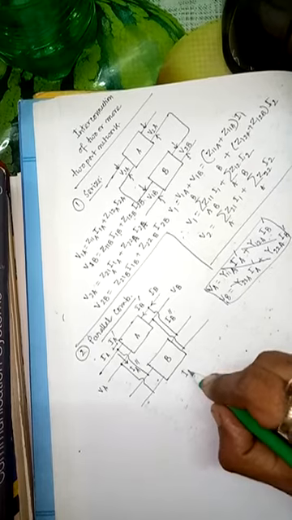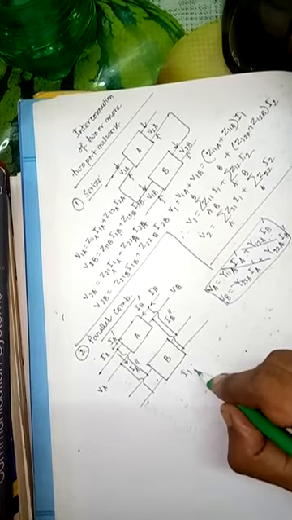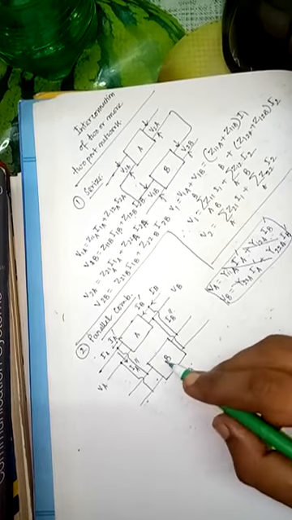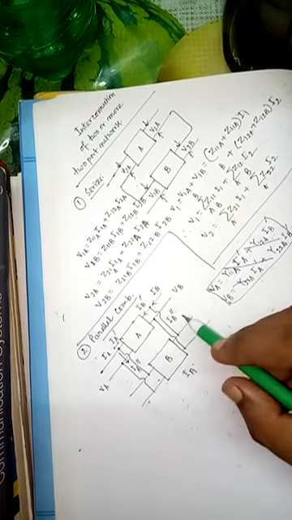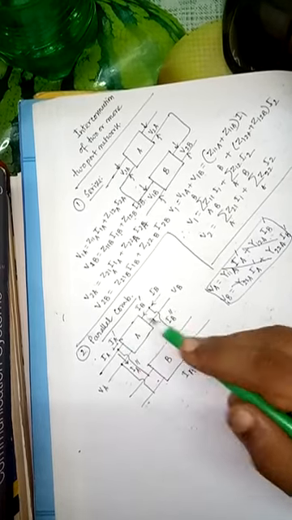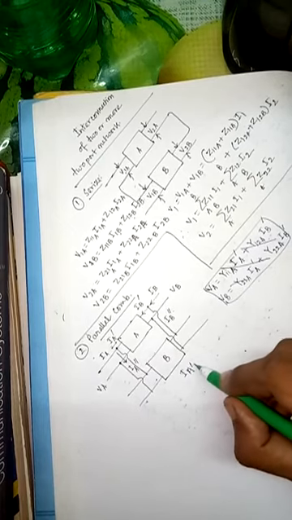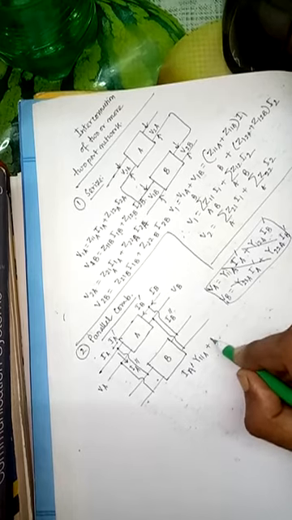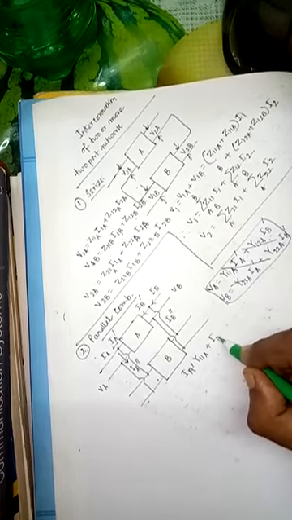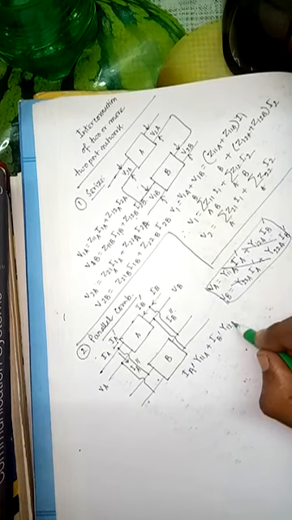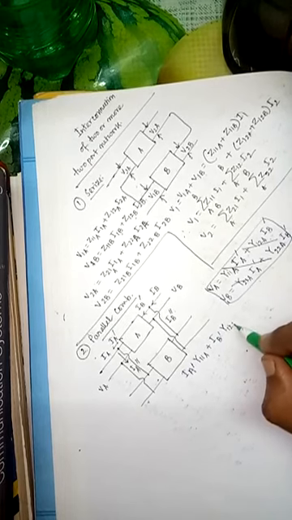It starts with I1 and I2. The first port current is IA, IA dashed, and the second port current is IB and IB dashed. So it is our I1 and our I2. So IA dashed into Y11A plus IB dashed into Y12A.